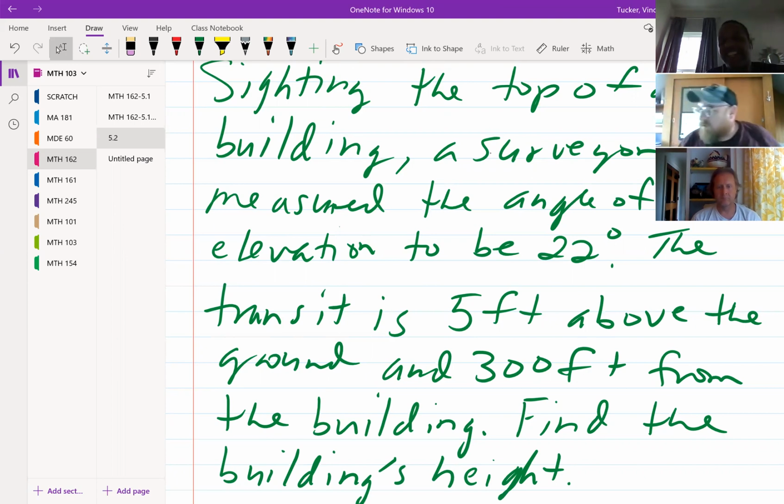So as citing the top of a building, a surveyor measured the angle of elevation to be 22 degrees. The transit is 5 feet above the ground and 300 feet from the building. Find the building's height. Like I said, I'll give you a few seconds to write that down, then I'll scroll up so I can draw and then calculate.